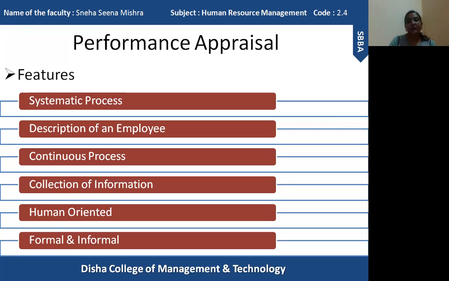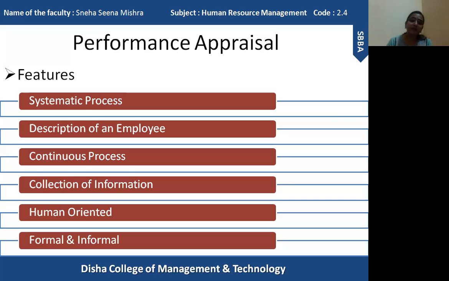So it is a continuous process. After a particular time period, it has to be conducted on a regular basis, like I said, once in a year or twice in a year. So that depends upon the organization, what is the time period they select for appraising the performance of the employees.